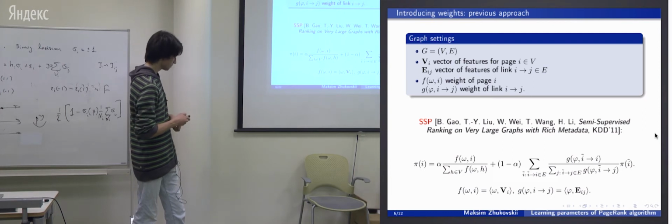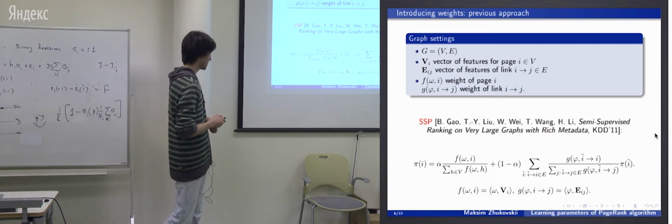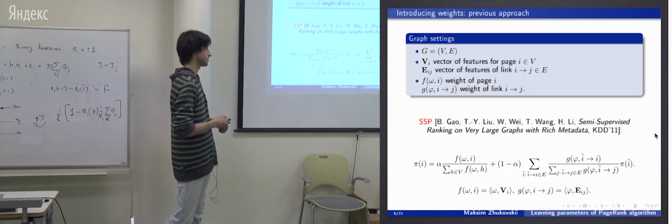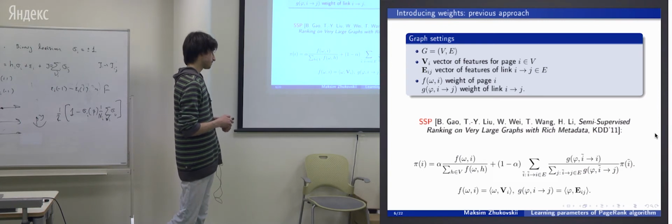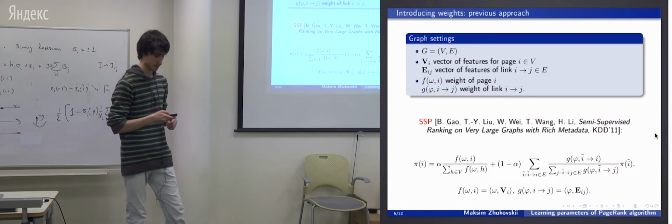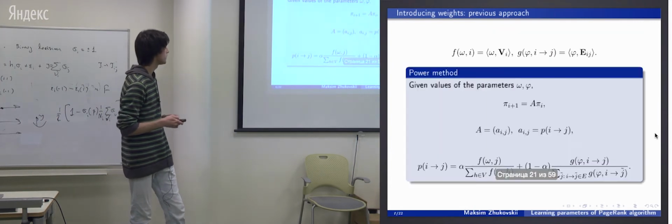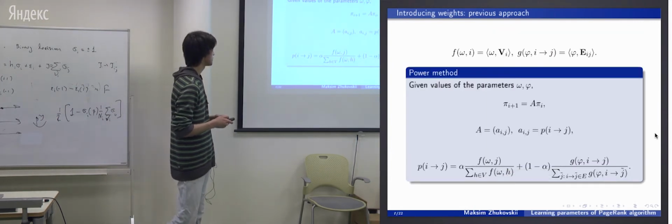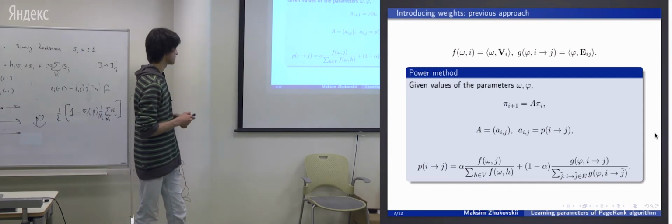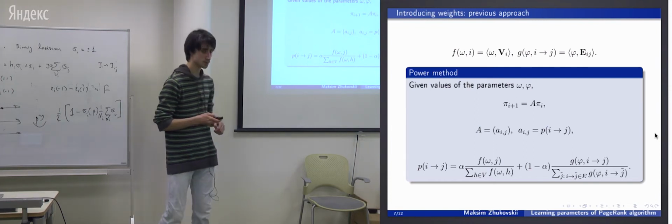Then probabilities of choosing a random page are proportional to its weights, and probabilities of choosing random links are proportional to their weights as well. And the stationary distribution in this process can be computed by the power method as well. So here I define transition probabilities.